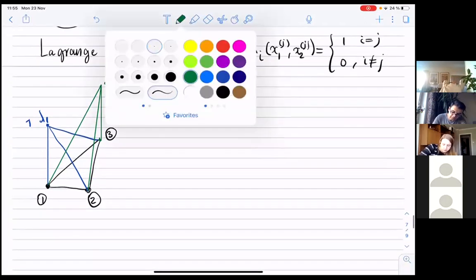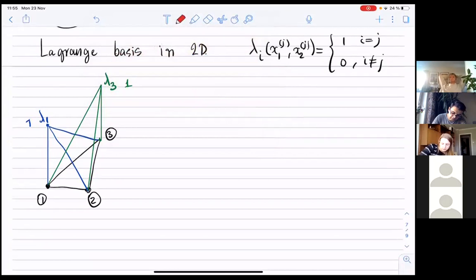And lambda 2 would be, we have 1 somewhere here, and 0 in other points. So this is lambda 2. So if you take a triangle, it's like you are constructing tetrahedrons on every node.